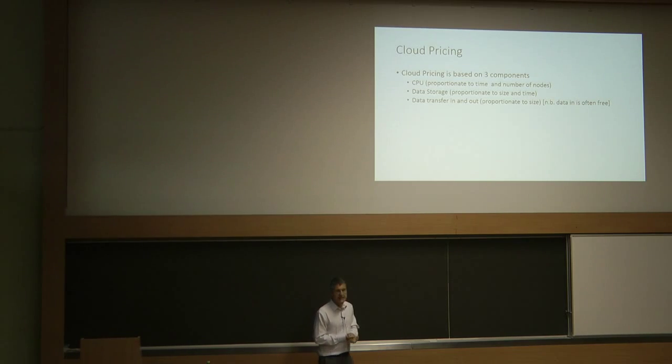And they charge you for data storage, and again, it's based on how much data you have, but also how long you want to store the data. And then finally, cloud providers charge you for data coming in and out of the clouds.